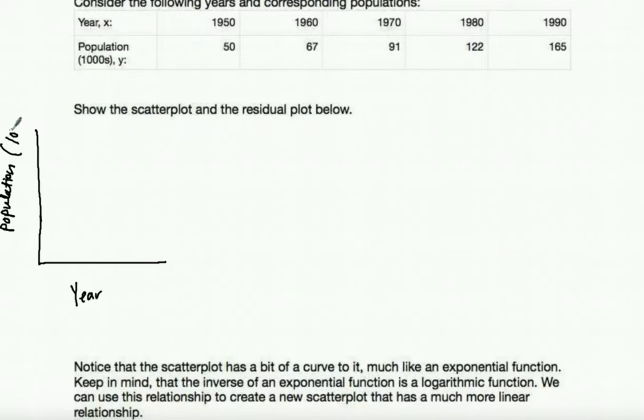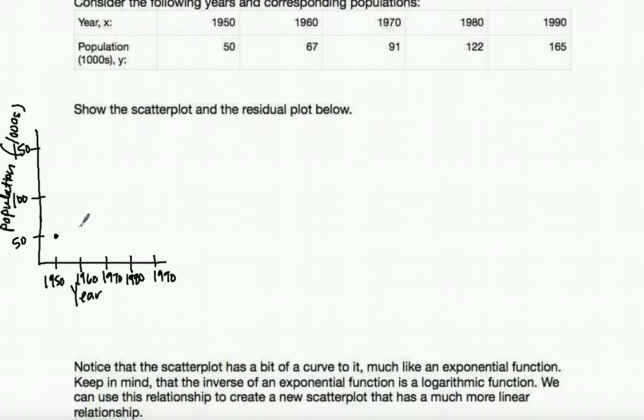We're going to put it in thousands, so we'll do 50, then 100, and then 150. For the year, we'll have 1950, 1960, 1970, 1980, and 1990.